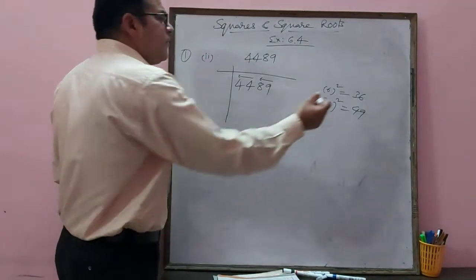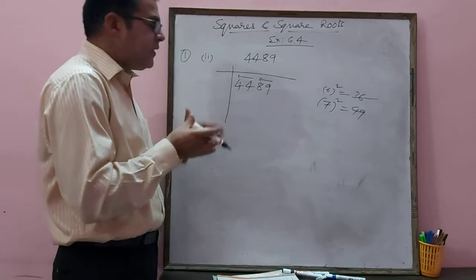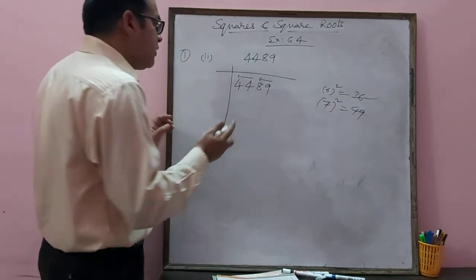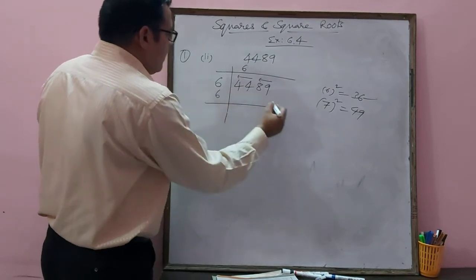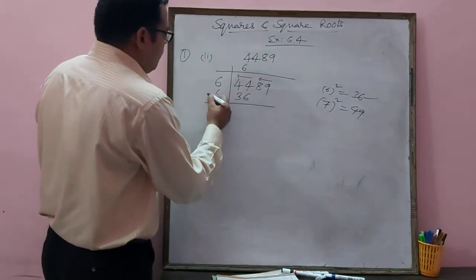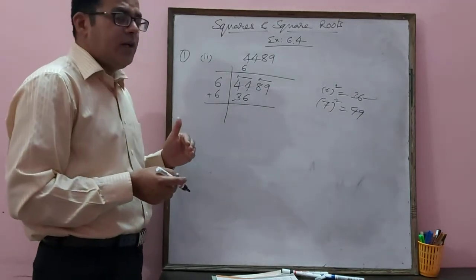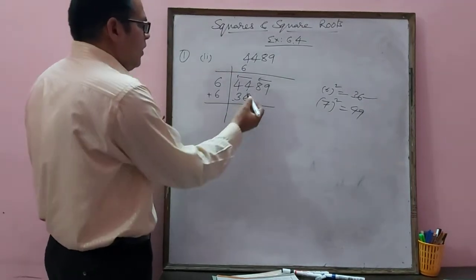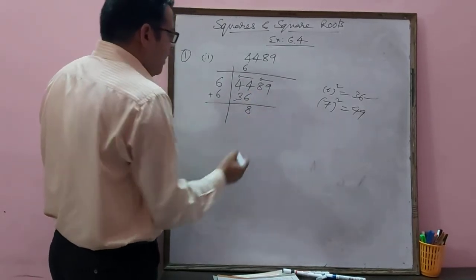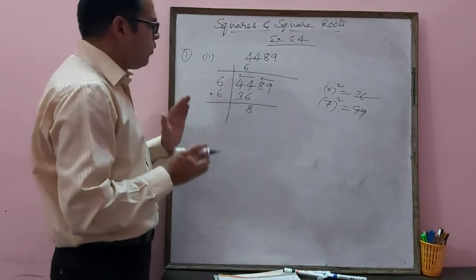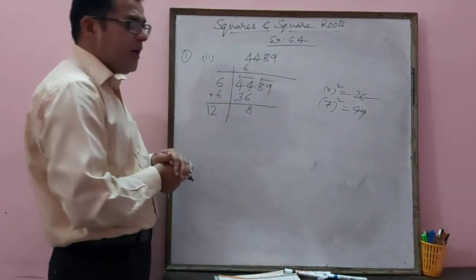So it means we can take 6. Square of 6 is near to 44. So 6 we can write here, and 6 also we can write here. Now 6 6s are 36. Here we can add, here we can subtract. Now what will come when we subtract 36 from 44? Here is 14, 14 minus 6, 8 we have, and here 0 we have. So 8 we have only. And after adding 6 with 6, we have 12.